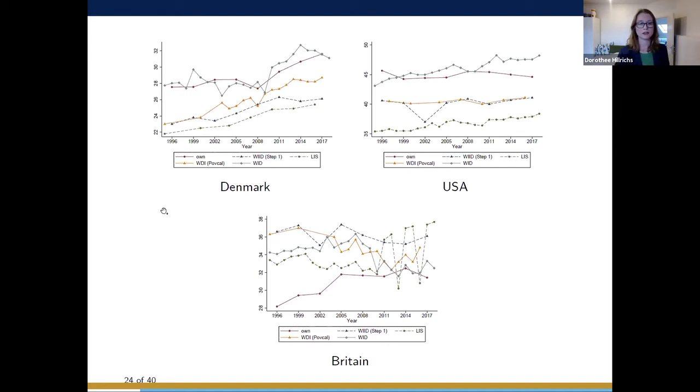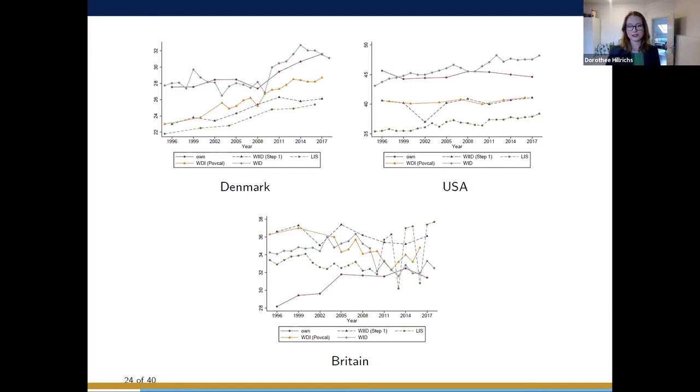Then we compare this to the World Income Inequality database, which collects different surveys, in blue and dashed. Then the Luxembourg Income Study in green dashed, the World Bank data in yellow and solid with triangles, and finally the World Inequality database, which combines survey and tax data.